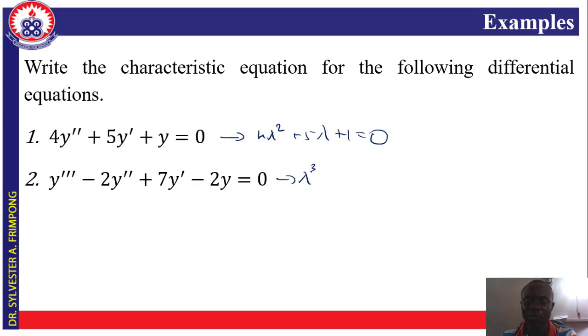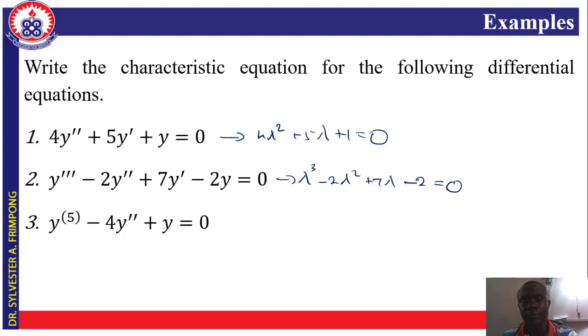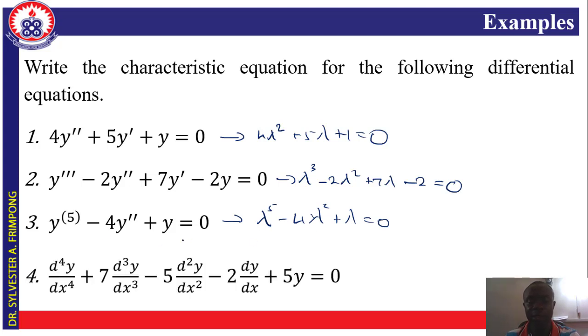So lambda cubed minus 2 lambda squared plus 7 lambda minus 2 equal to 0. You pick this one, going to lambda to the power 5 minus 4 lambda squared plus lambda equal to 0.